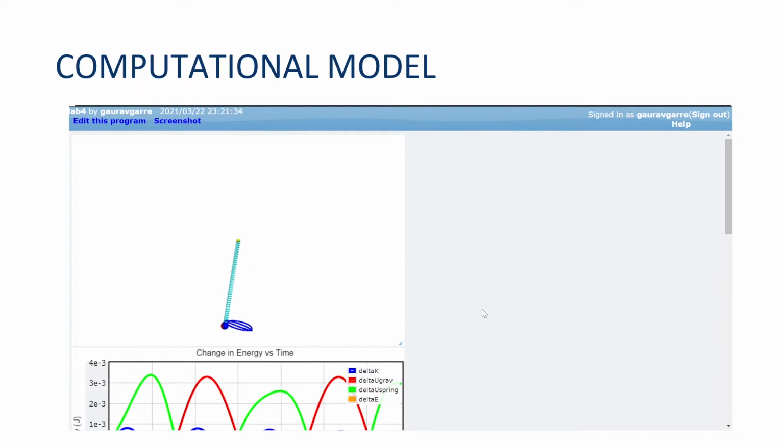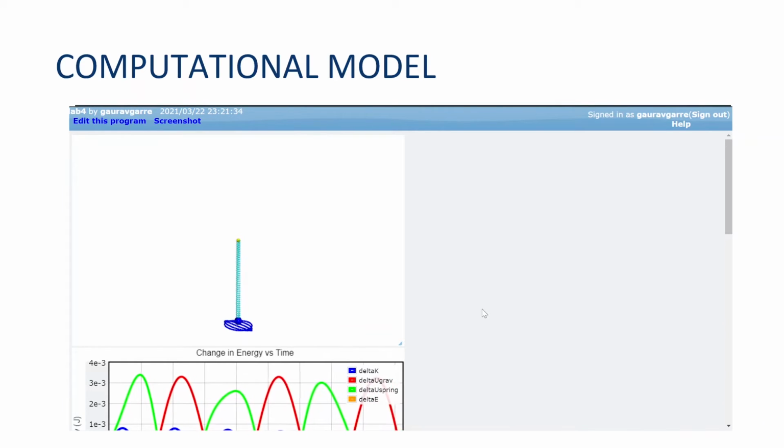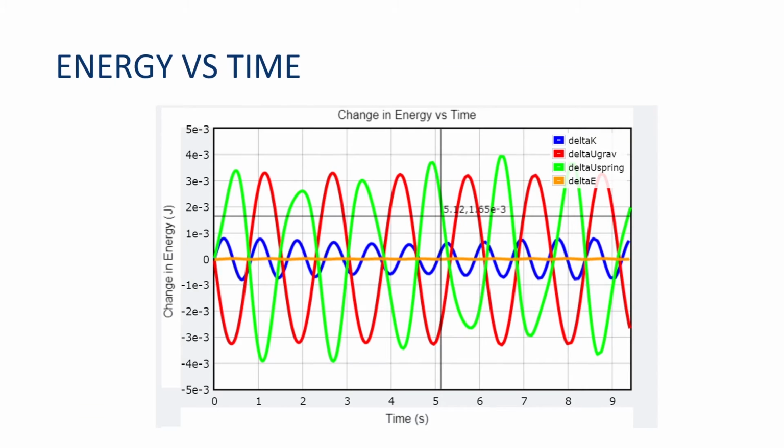We can take this data created from the computational model and compare to our Tracker data. As you can see in this energy time graph, the change in kinetic energy is in blue, the change in gravitational energy is in red, the change in spring potential energy is in green, and the change in total energy is in orange.